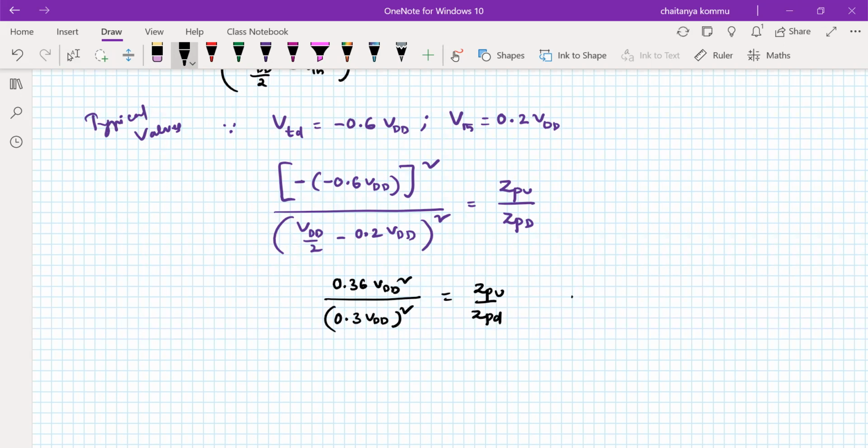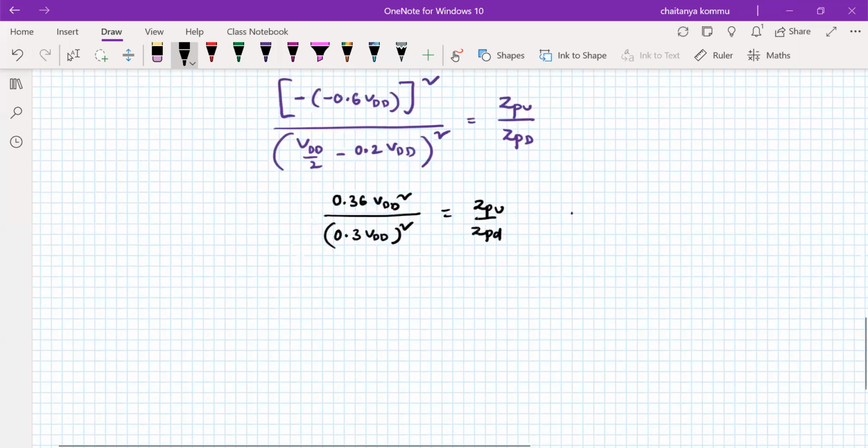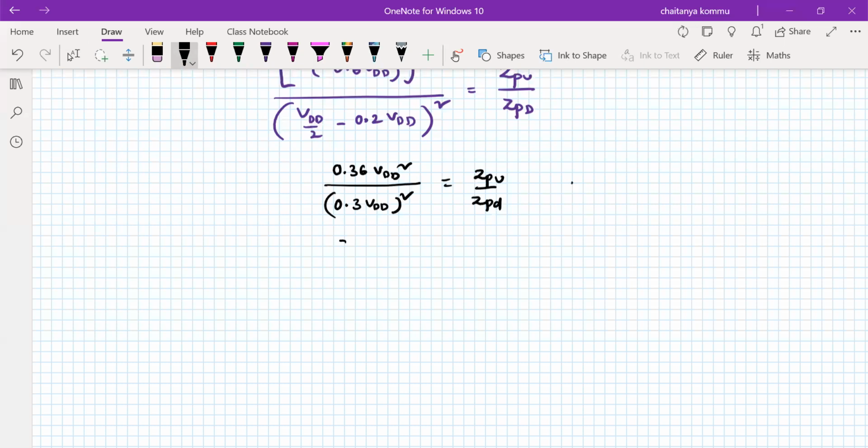So what is the value? Simple mathematics. 0.36 divided by 0.09. Yes, sir, 0.09.